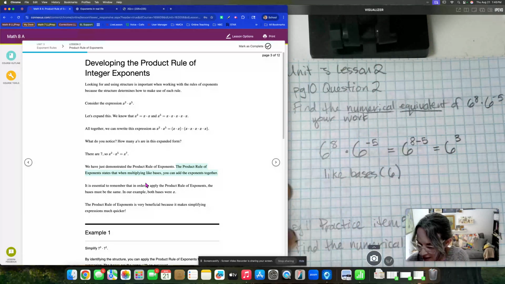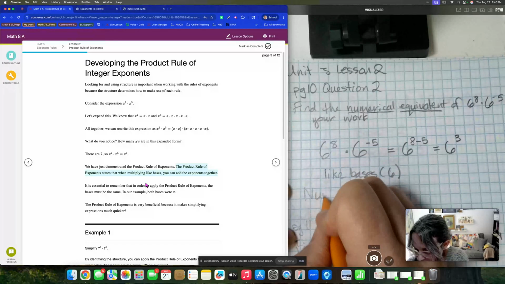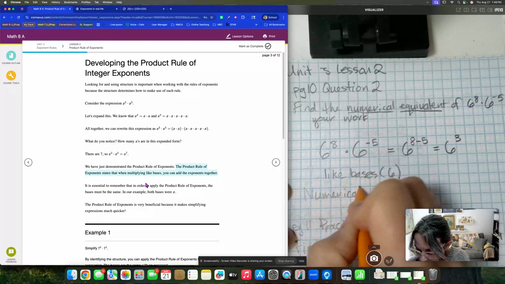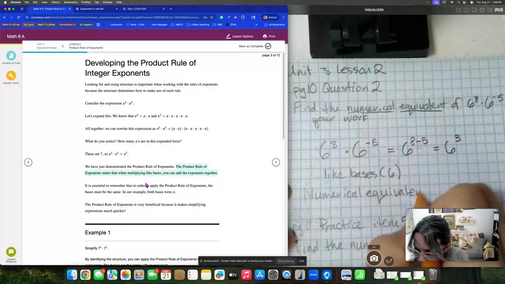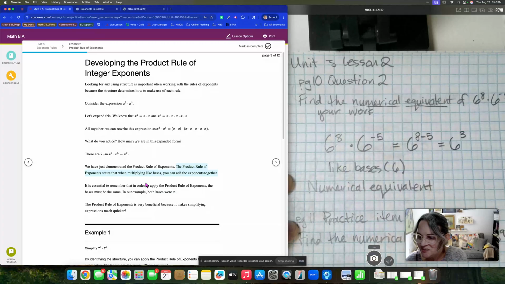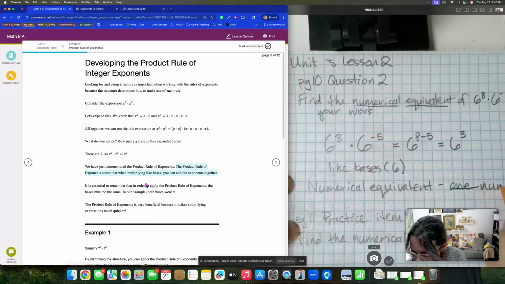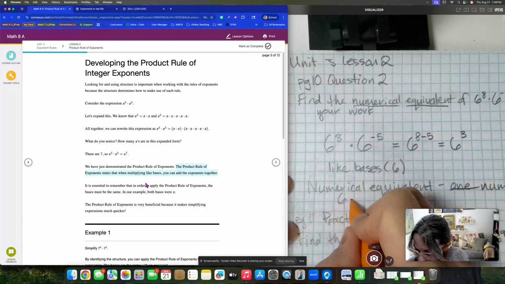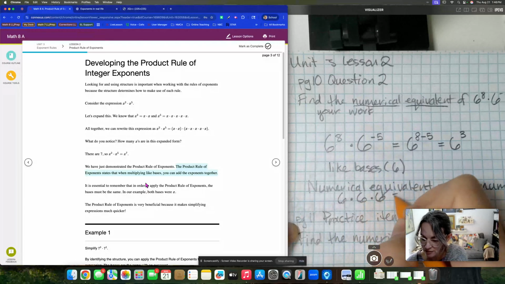Okay, let's talk about the numerical equivalent. What I would say here is we want to get one number as our answer. So we're going to actually perform this multiplication, 6 times 6 times 6.